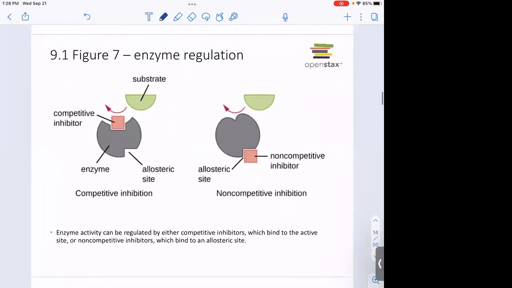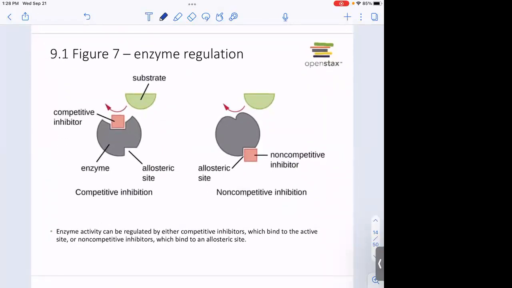And ideally, cells are going to be able to regulate a little bit when their enzymes are working or when they're not, just to have a little control over their metabolism. Commonly, we talk about competitive versus non-competitive inhibition.